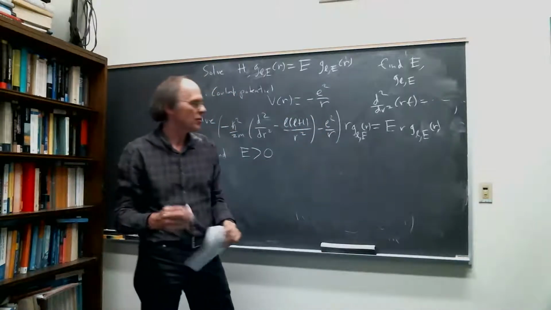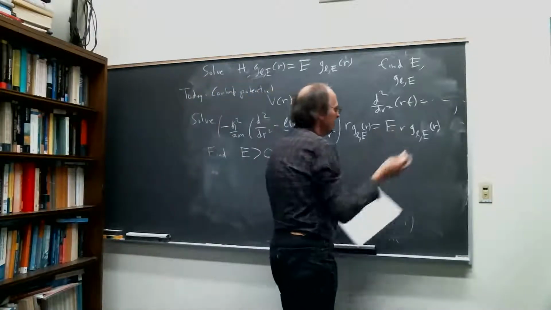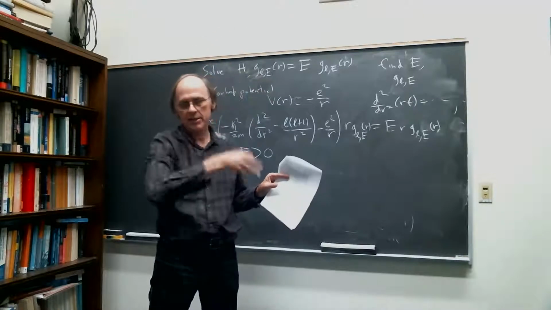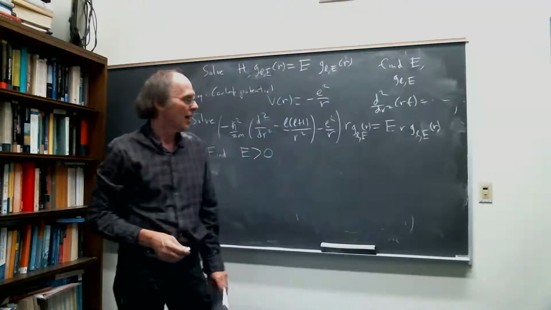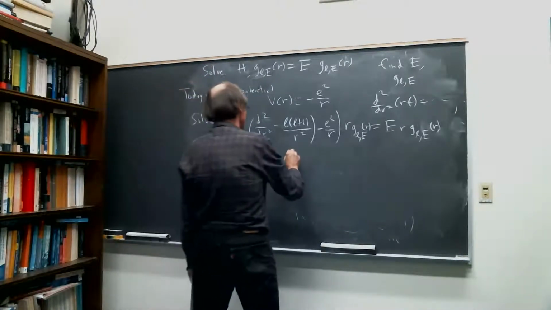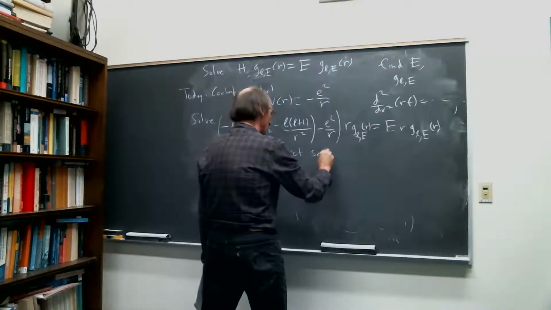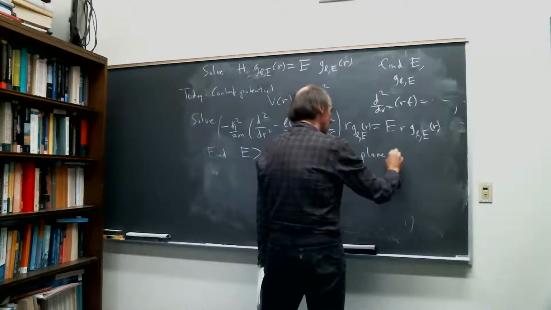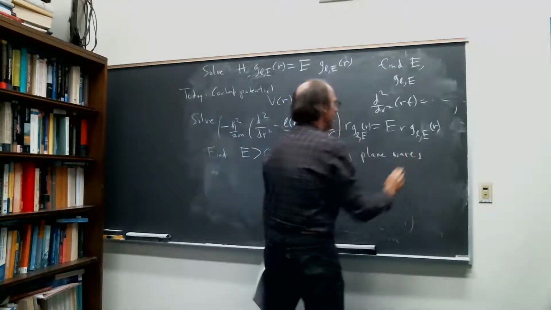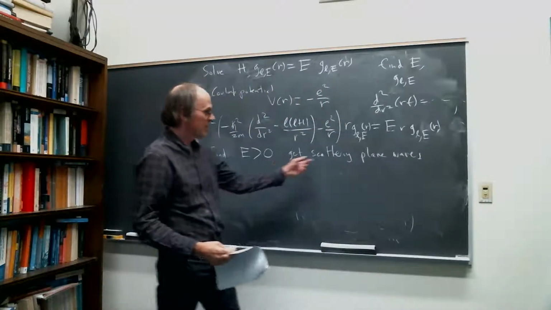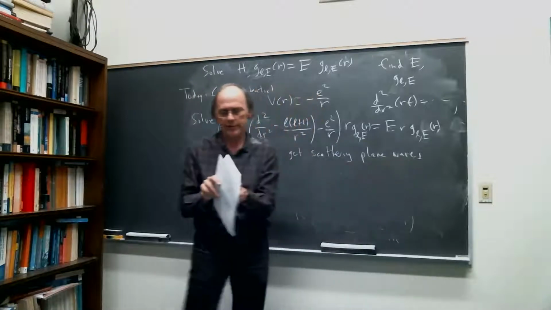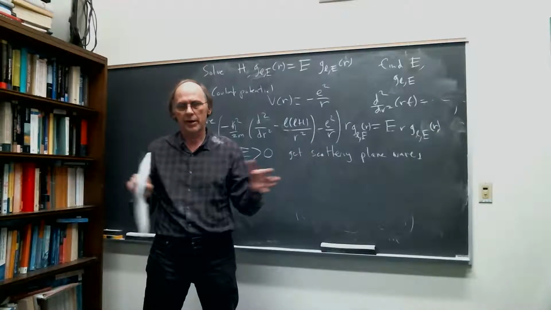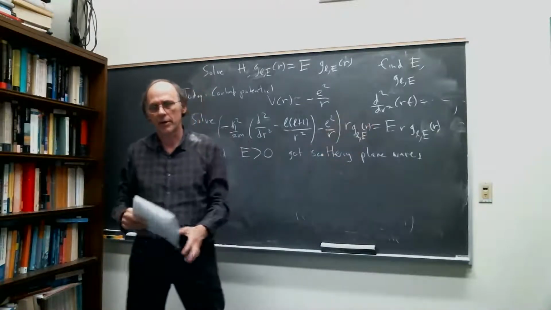So your answers are somewhat deformed versions of plane waves that scatter. For E greater than 0, you get scattering plane waves. And like the plane wave solutions, they're not normalizable. They're not in L2. They go off to infinity.